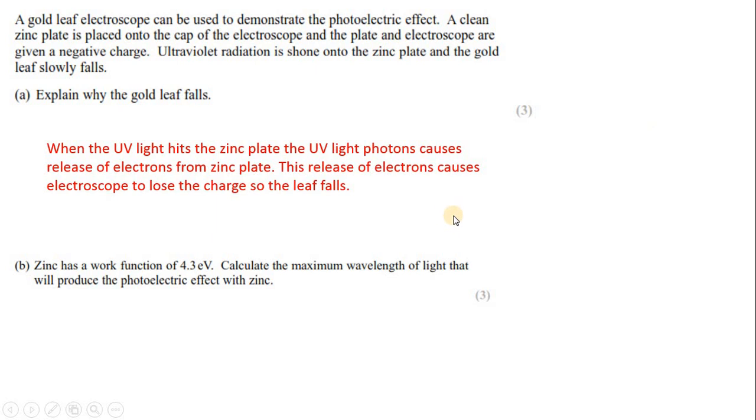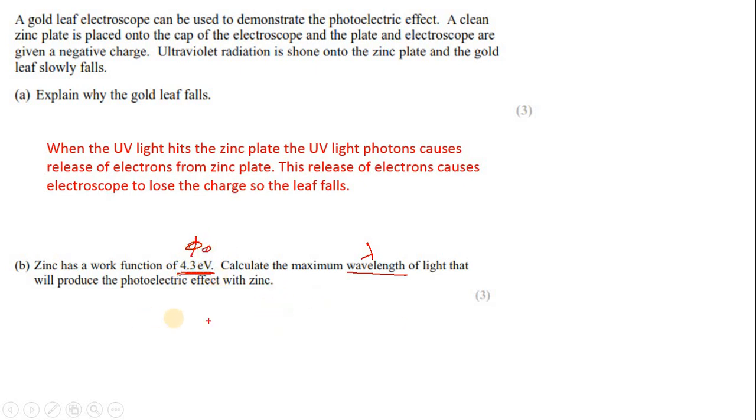Zinc has a work function of 4.3 electron volts. Calculate the maximum wavelength of light that will produce the photoelectric effect with zinc. So we need to find the wavelength, lambda, and we are given the work function. And remember, the work function is phi naught.